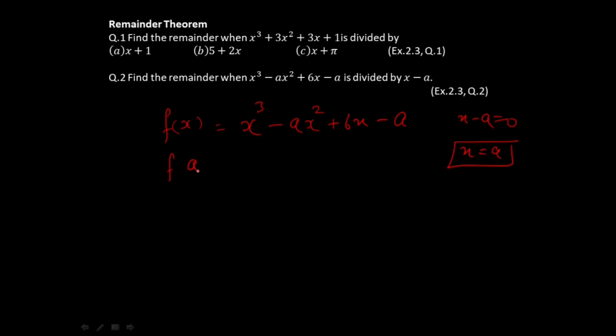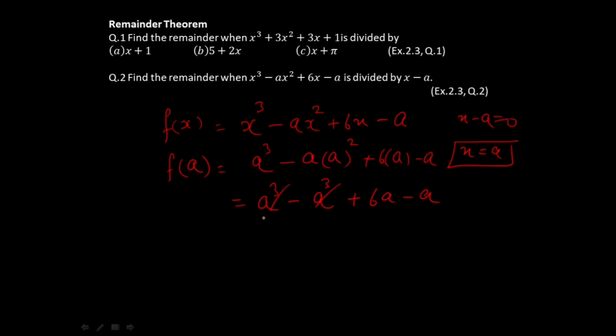Now replace x by a here: a whole cube, minus a times a square, plus 6 times a, minus a. Simplify and you will get the answer. This becomes a cube minus a cube, that got cancelled. So 6a minus a, I'll be getting 5 times a. That is the required remainder, 5a.